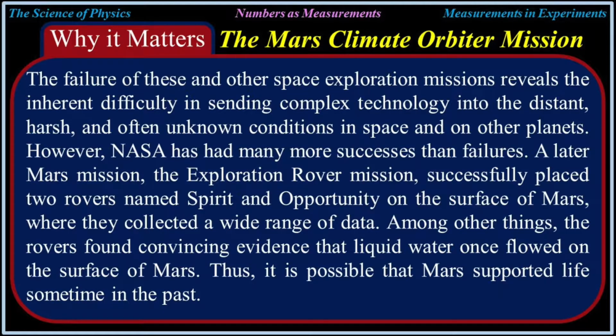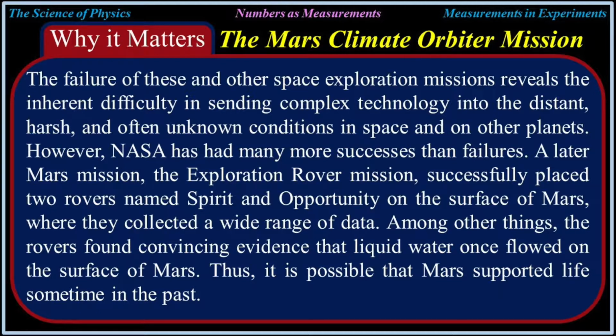The failure of these and other space exploration missions reveals the inherent difficulty in sending complex technology into the distant, harsh, and often unknown conditions in space and on other planets. However, NASA has had many more successes than failures.